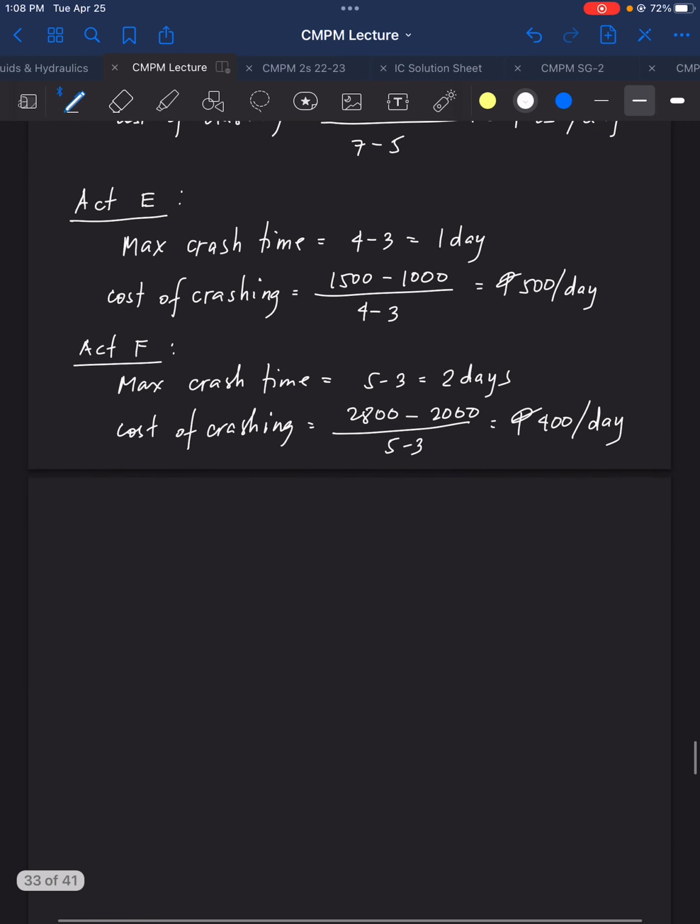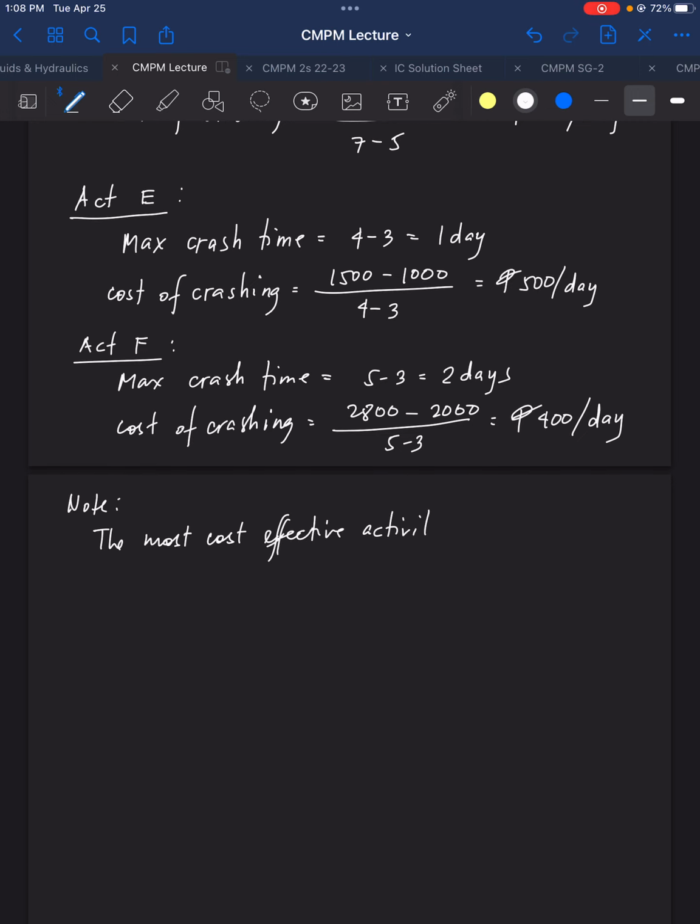So, note, the most cost-efficient or the most cost-effective activity, or activities, maybe there are plenty of them.